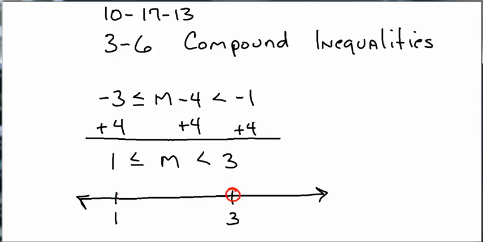On the 1, it's closed. Variables in the middle, shade in the middle. That's where all your solutions lie. If the variable's in the middle, it almost always ends up getting shaded in the middle.